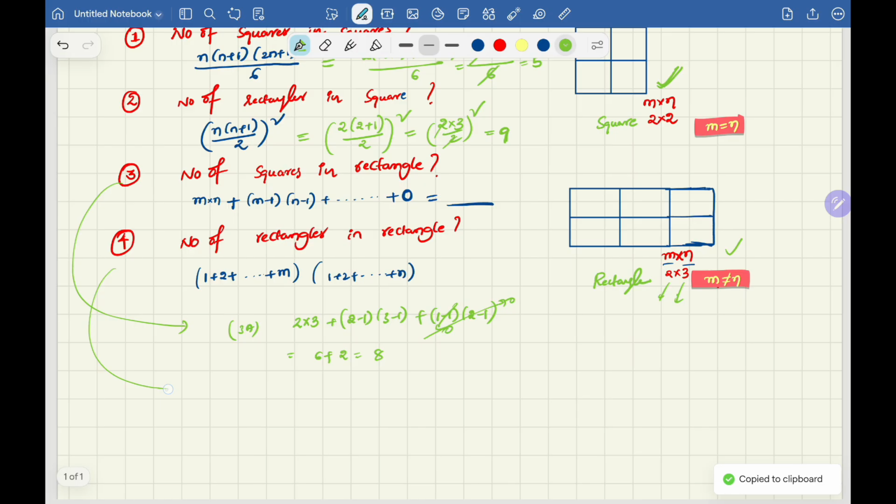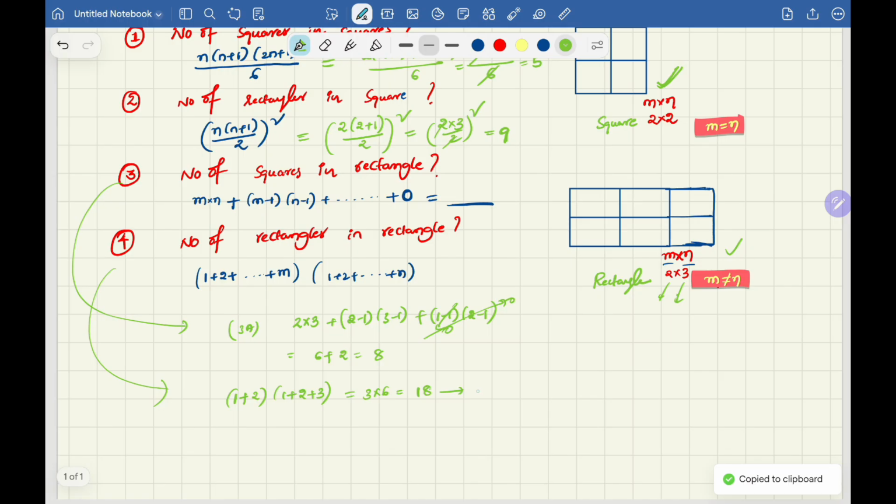And next, the last one. How many rectangles are there in a rectangle? See, it's a 2 by 3. I told you already a shortcut here. So it is 2 by 3. So 1 plus 2 into 1 plus 2 plus 3. So total 3 into 6. 3 6s are 18.